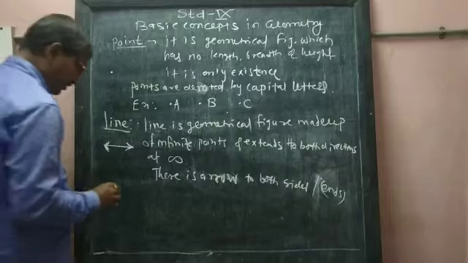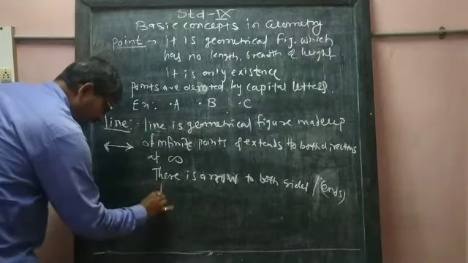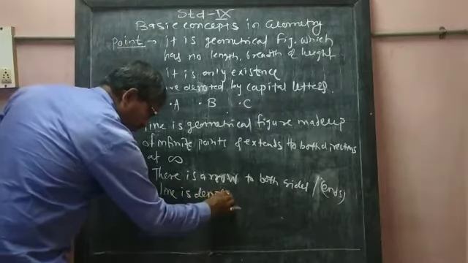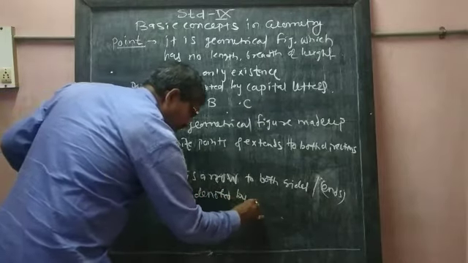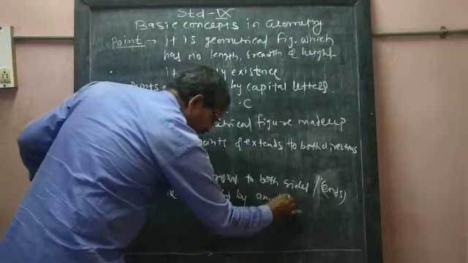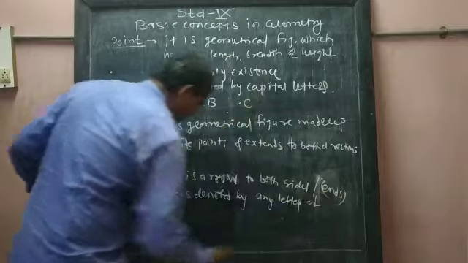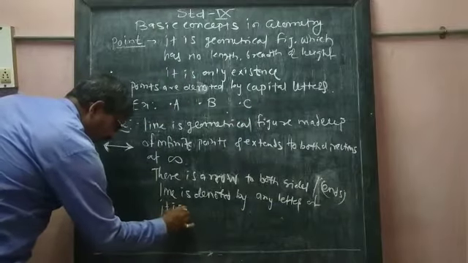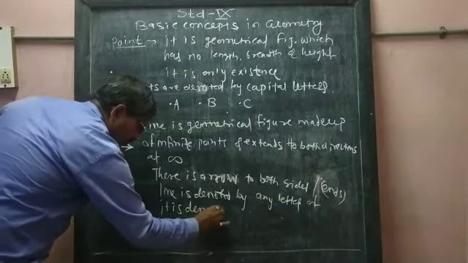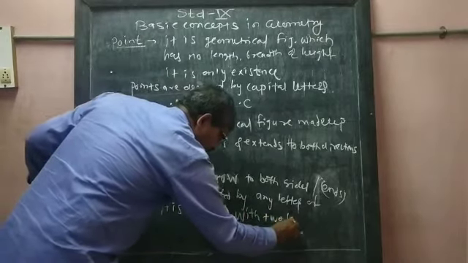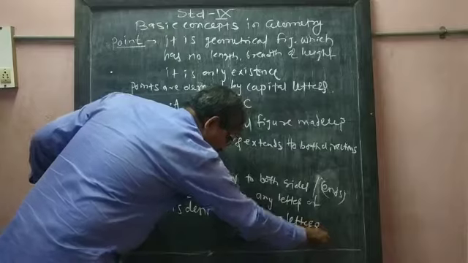A line is denoted by any single letter, or it is denoted with two letters.